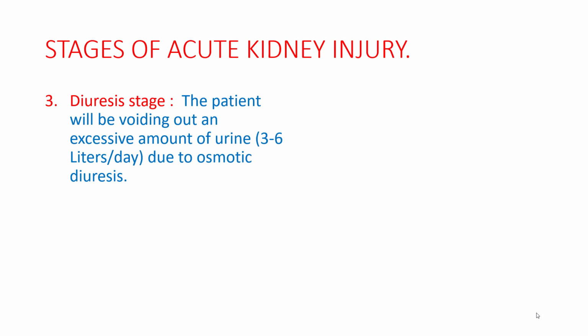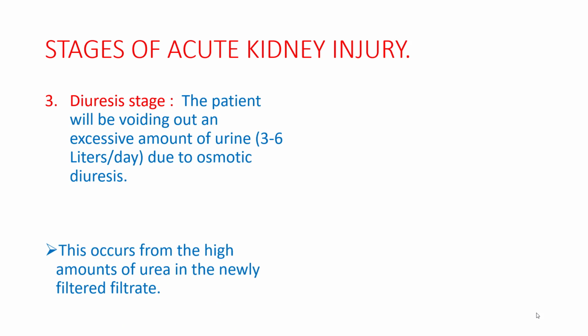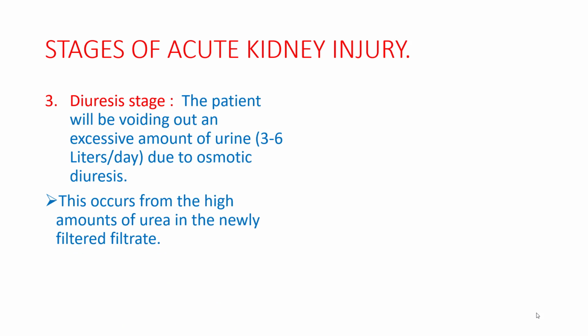So thirdly, we talk about the diuresis stage. As the name suggests, the patient will be voiding out an excessive amount of urine, about 3 to 6 liters per day. And this is due to osmotic diuresis, which occurs from high amount of urea in the newly filtered filtrate.